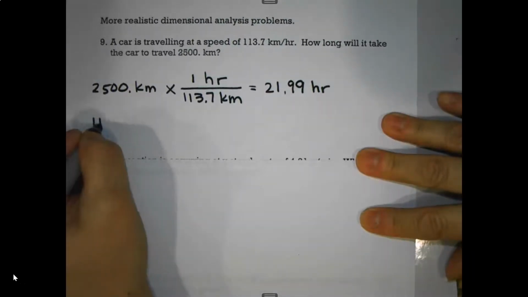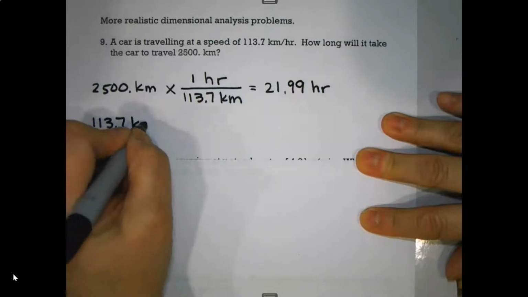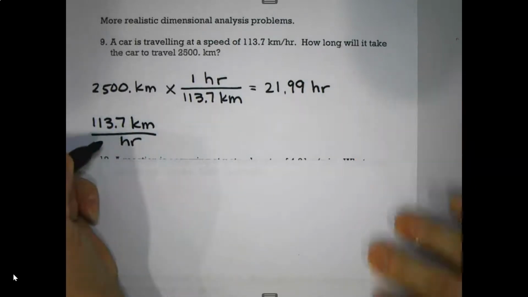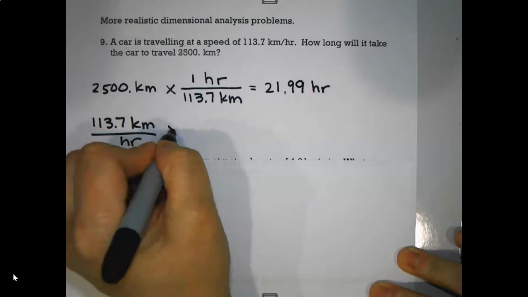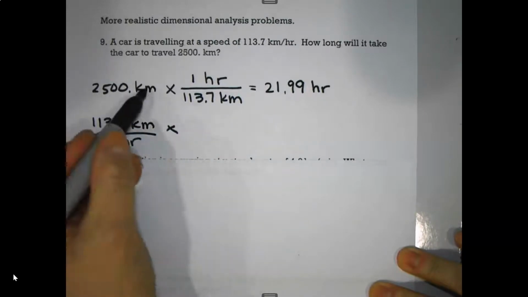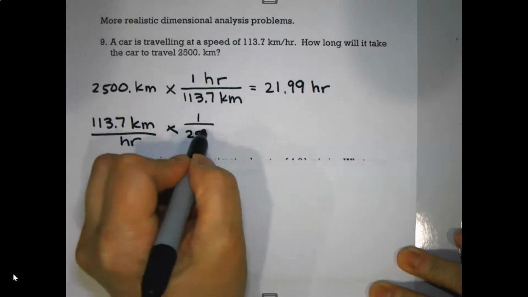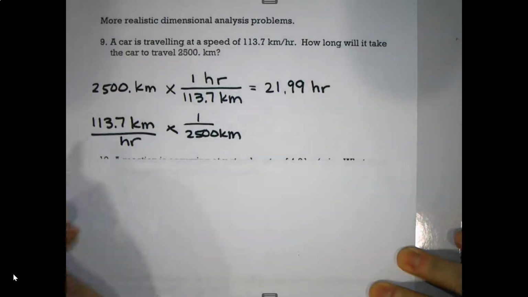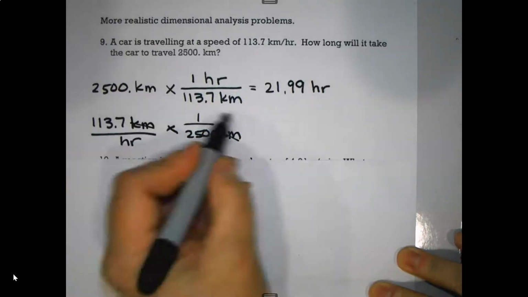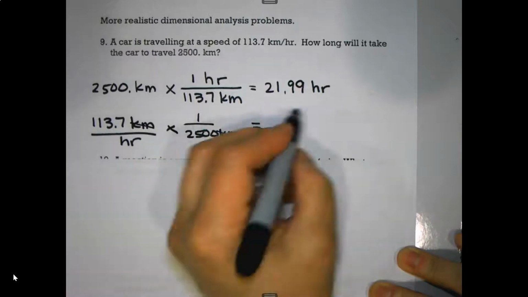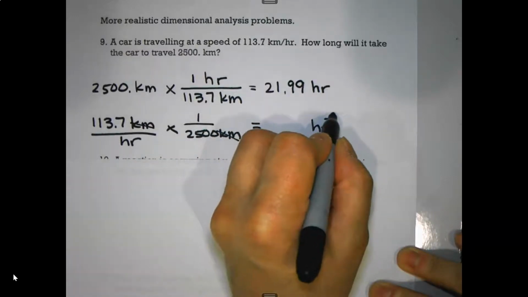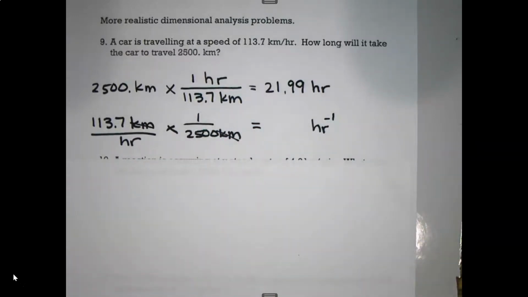If you start with that first number and you write 113.7 kilometers per hour, and then you multiply it by kilometers, well, I've got to put kilometers in the bottom, and kilometers will cancel out, and I'm going to get, look at my unit, it's going to be hour to the -1. It's going to be per hour.